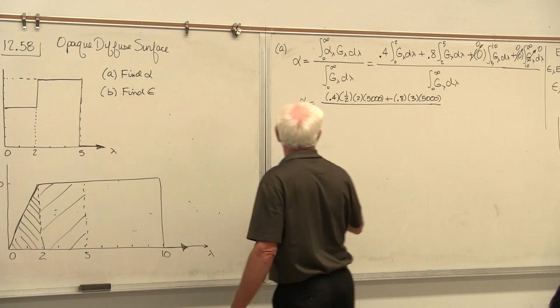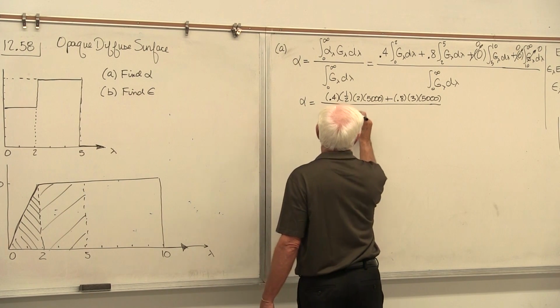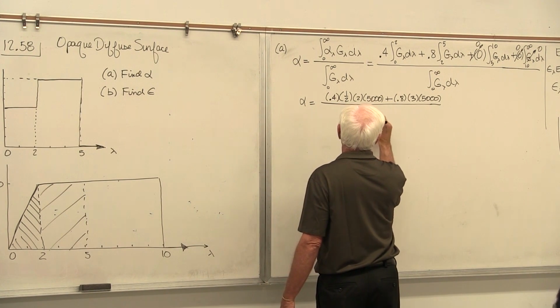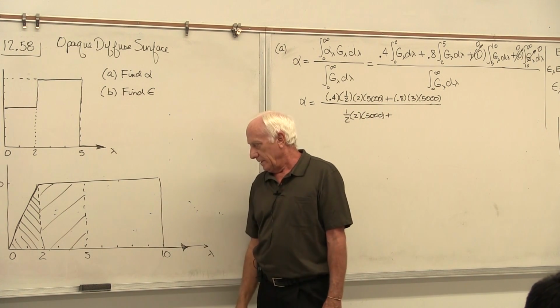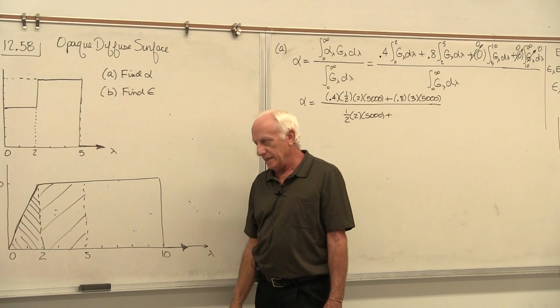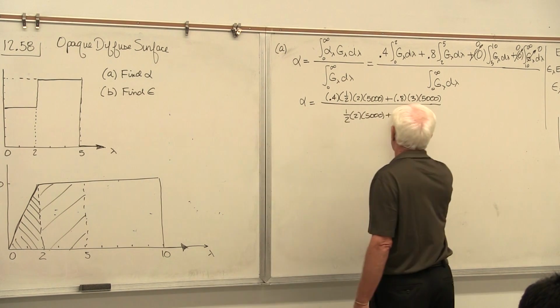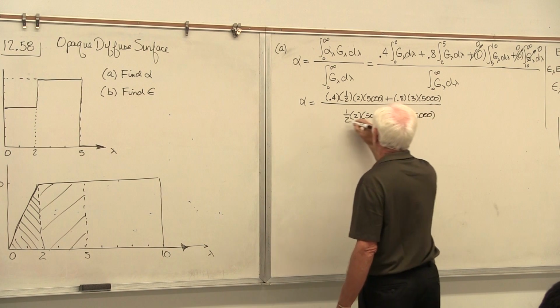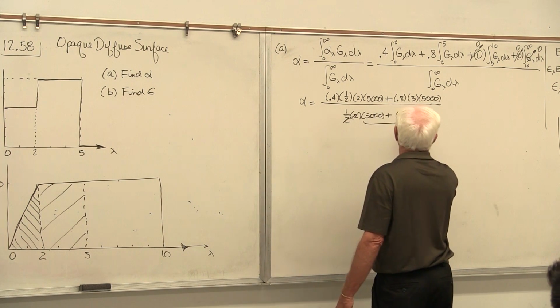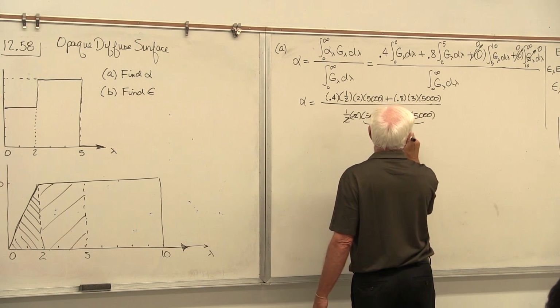Divided by the area under the whole curve: 1/2 base times height, plus a rectangle, 10 minus 2 is 8, 8 times 5,000.